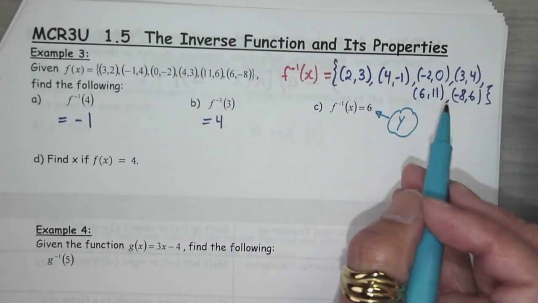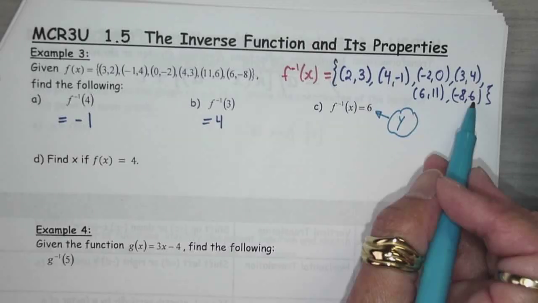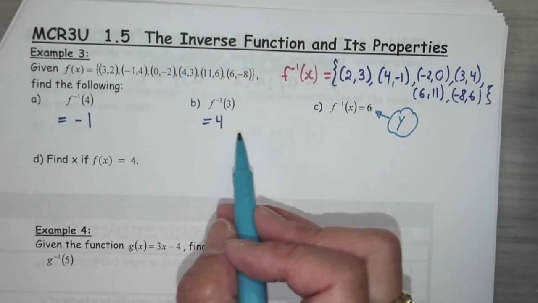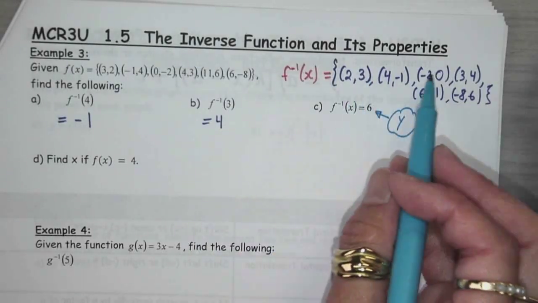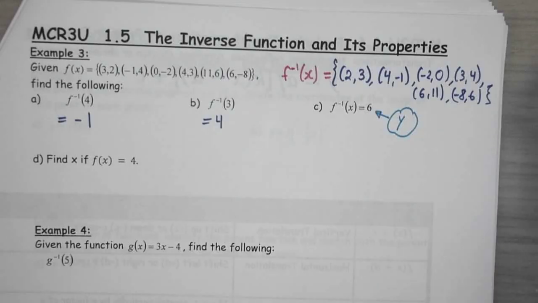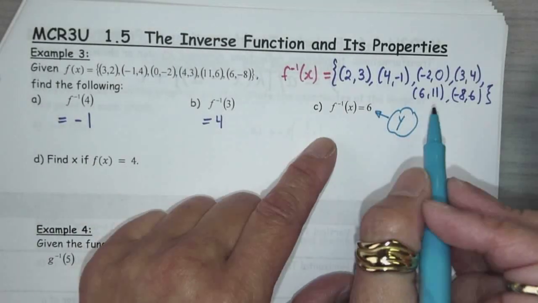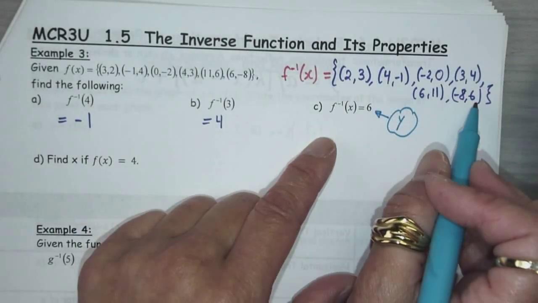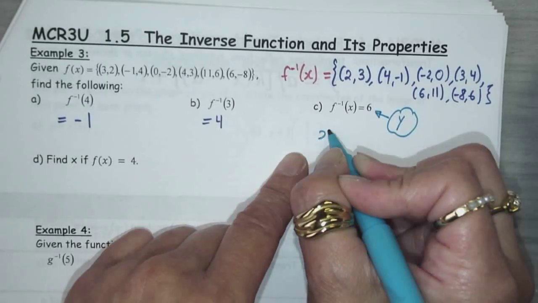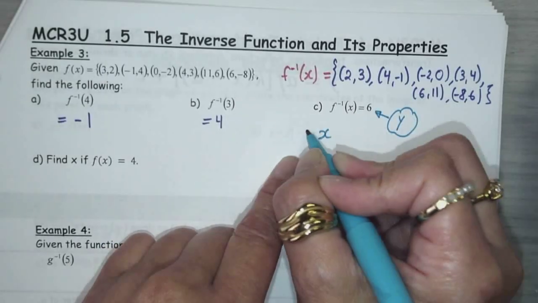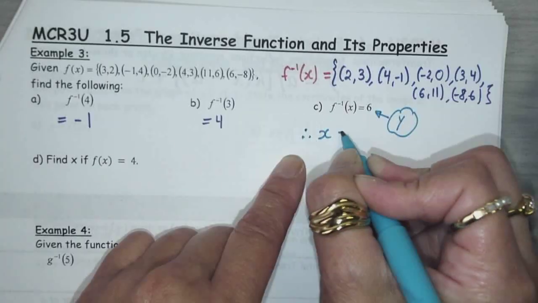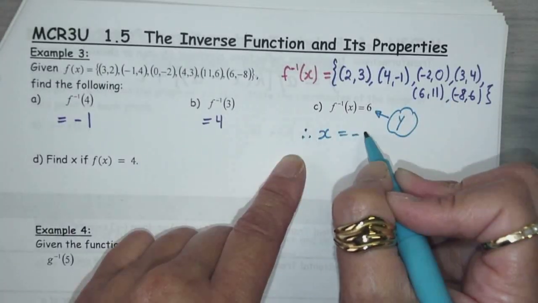So I want the y value, which is here. Only one answer, right? Is there double answers anywhere? Next is 4? No, because it should be single, right? So it's a function. So when the y value is 6, it's right there. So then x equals, so you're looking for the x. So therefore, x equals negative 8.